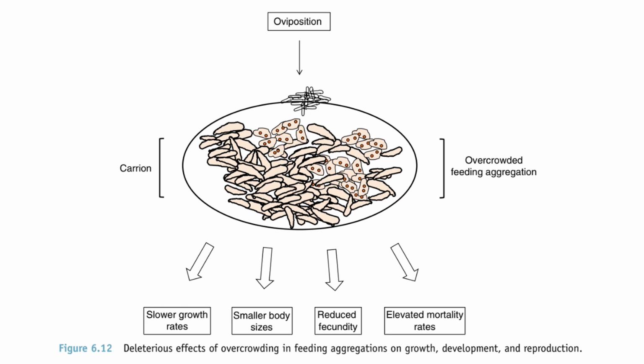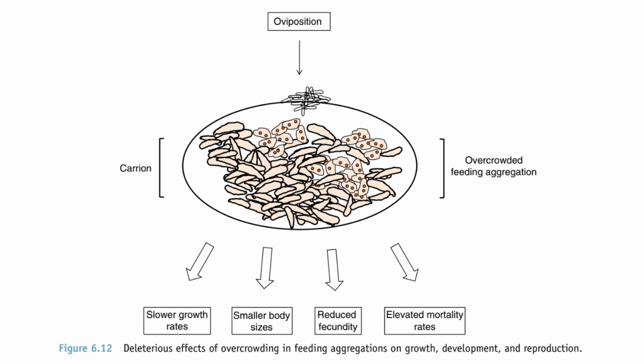Just like that optimal thermal curve, there is a drop-off point where it's no longer helpful and is actually a severe detriment. When it's severely overcrowded, you're going to see a reduction in individual growth rates. Where before we would see that acceleration, the body sizes of individuals will be much smaller because there's less food to go around per individual.